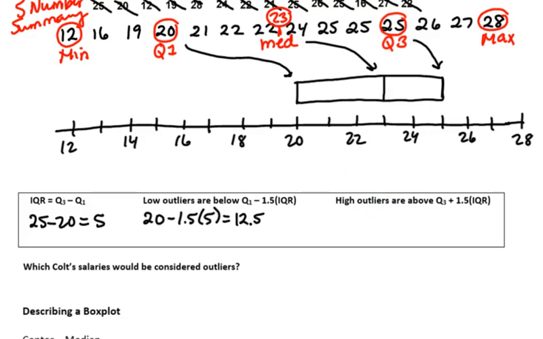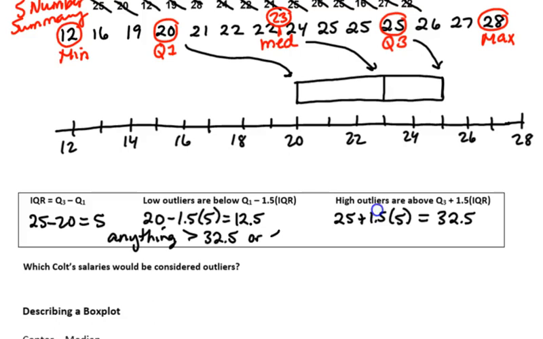Then I have 25 plus 1.5 times 5, so 25 plus 7.5. That gives me 32.5. So anything greater than 32.5 or less than 12.5 is an outlier.